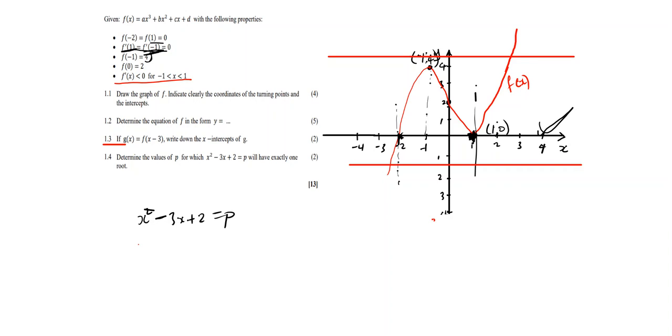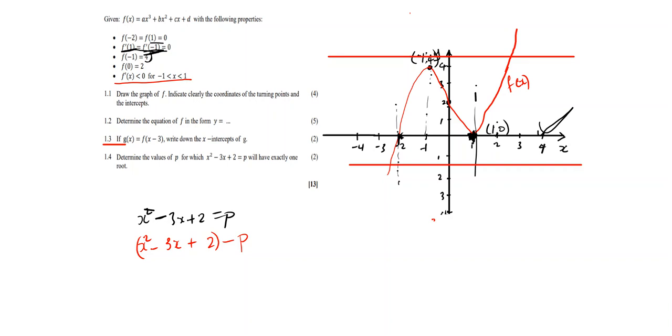So it means that the graph must cut the x-axis at one place. So what value or values of P should we subtract with? Remember, at the end of the day, it must be x squared minus 3x plus 2 minus P.